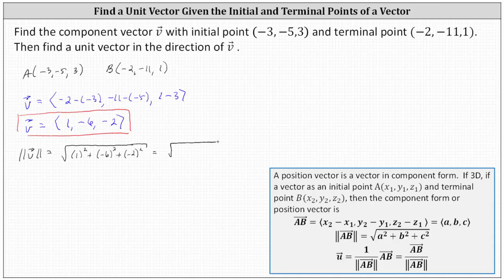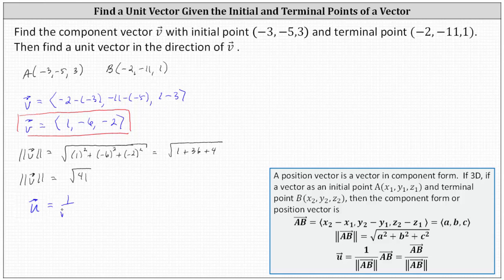Simplifying, we have the square root of the sum of 1, 36, and 4. The magnitude of vector v is equal to the square root of 41, which does not simplify. This indicates the unit vector in the direction of vector v, which we'll call vector u, is equal to 1 divided by the square root of 41 times vector v, which is the vector with an x component of 1, a y component of -6, and a z component of -2.